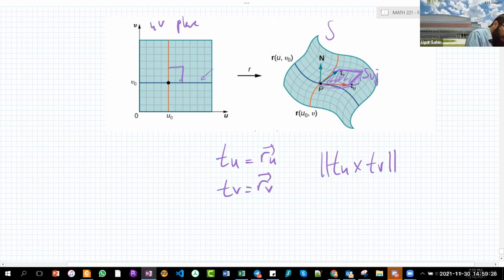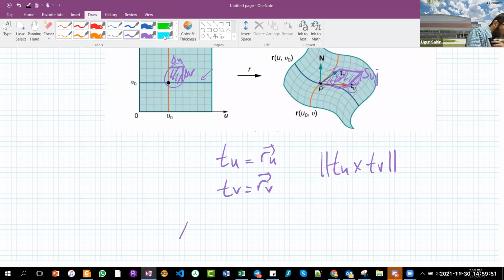So if you take the rectangle here, the delta U and delta V, I'm going to map this onto this Sij. To get the same scale, I'm not just going to use the Tu and Tv vectors.